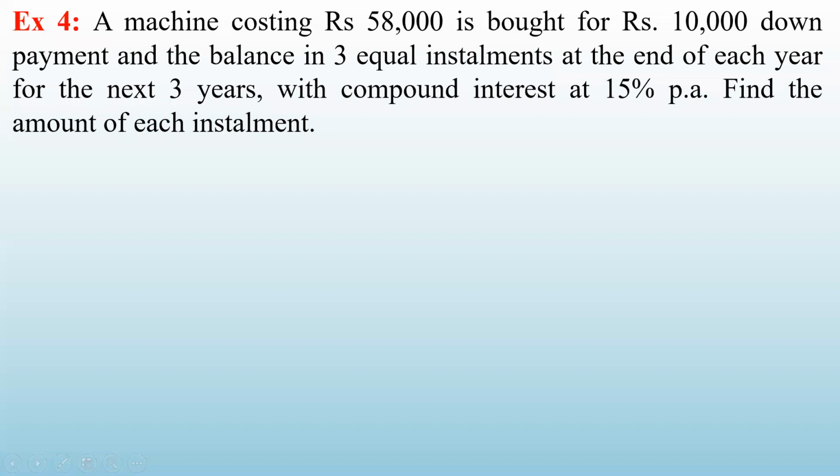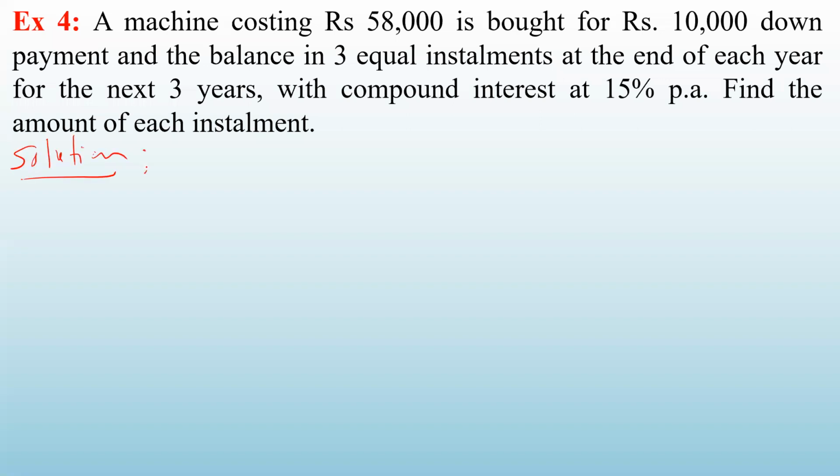Look here, nowadays, when you buy some expensive item, many shops give the installment scheme. That means you can pay some down payment at the time of purchase and the balance amount you can pay in installments. This type of scheme is available with many shops nowadays.